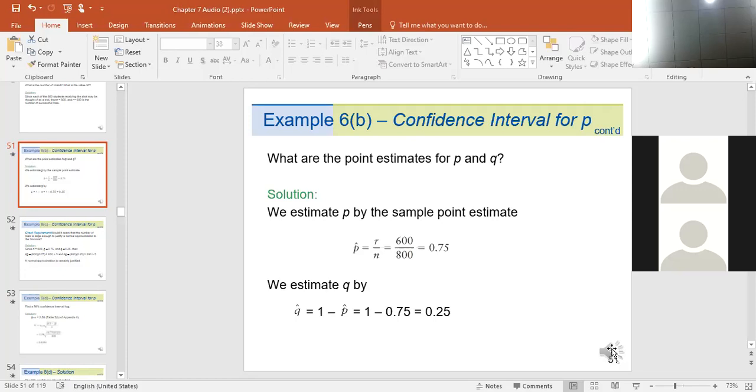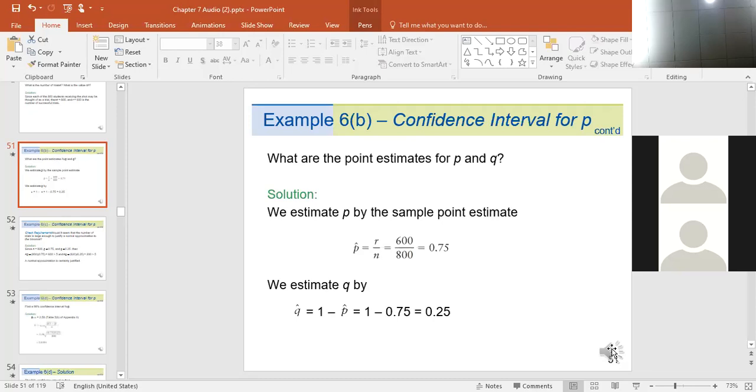For each parameter, there is a corresponding statistic that is called the point estimate for that parameter. For the population proportion, what point estimate should we use? Parameter is for population.